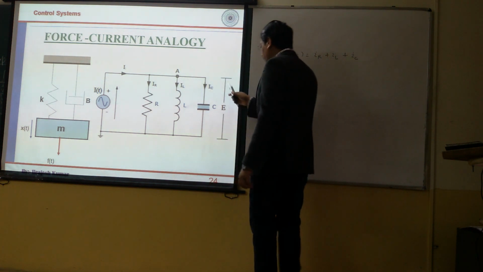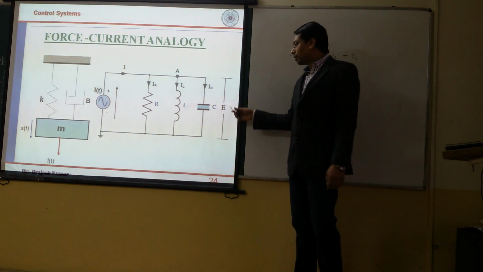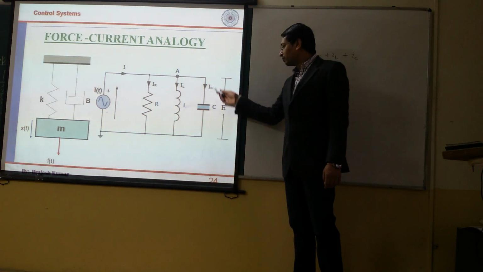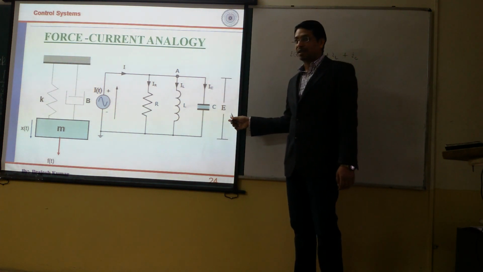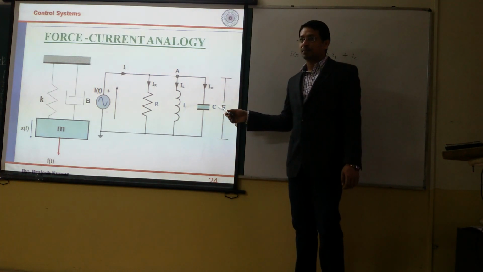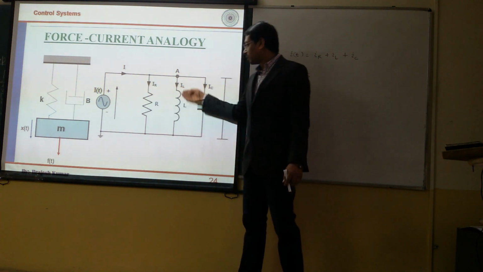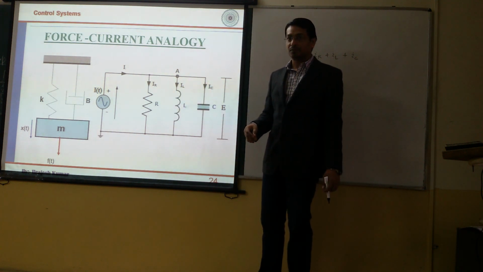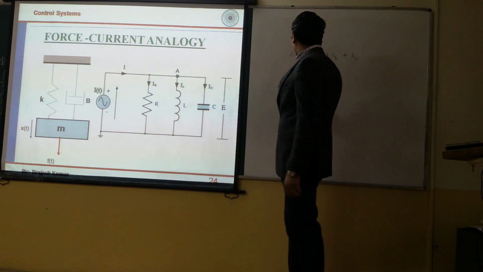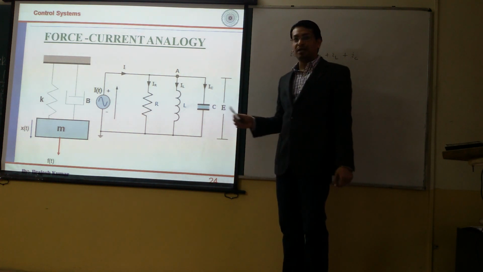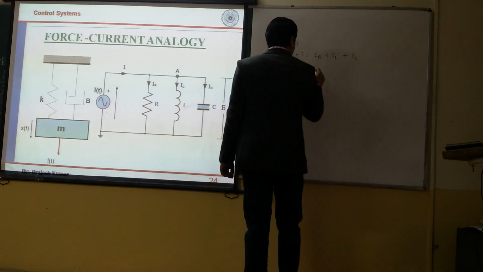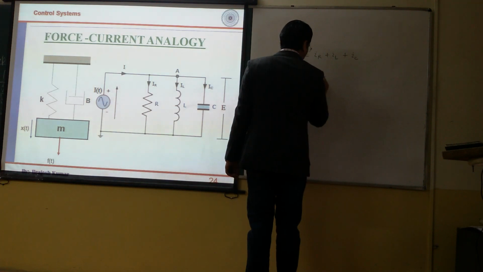If you take a temporary variable E, suppose the voltage difference between this node and this node is E, and later on you are going to remove this. Okay? The same voltage will be across all the elements. So the current IR will be equal to voltage upon resistance, means E upon R.